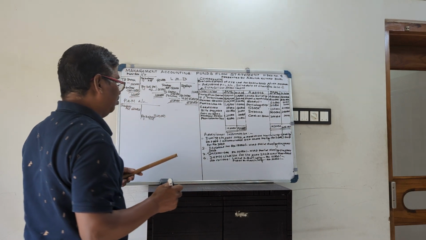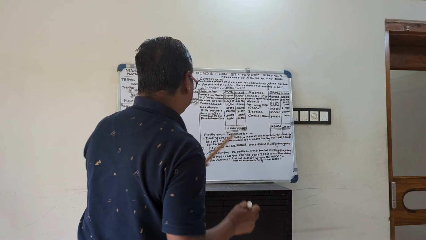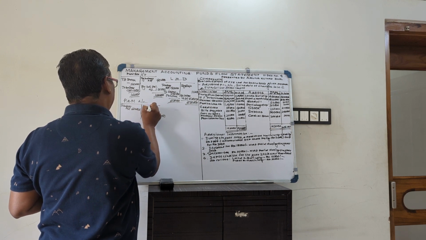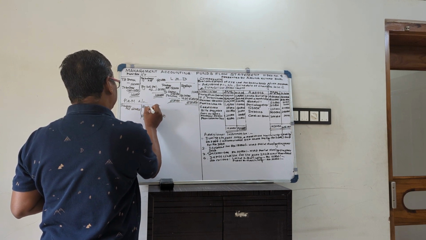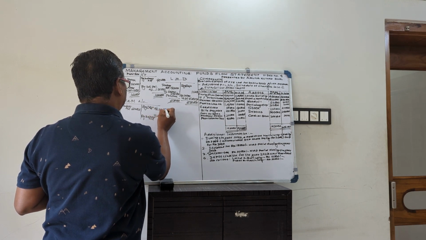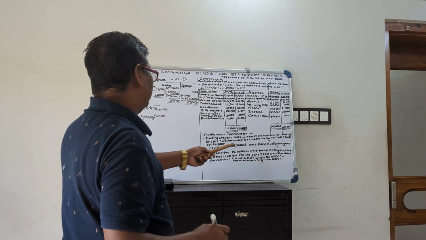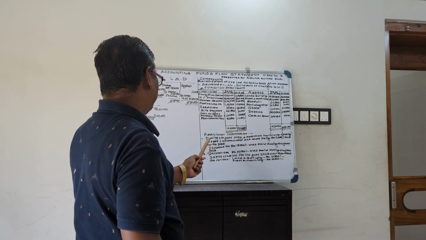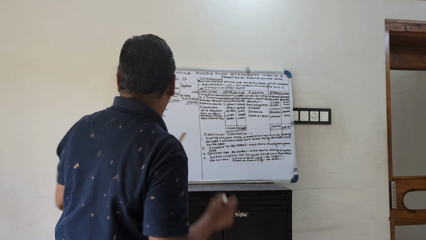Then accumulated depreciation is 50,000, to write by depreciation account. Then during the year a machine costing 7,500, with accumulated depreciation 2,500, means written down value 5,000, was sold for 3,000.